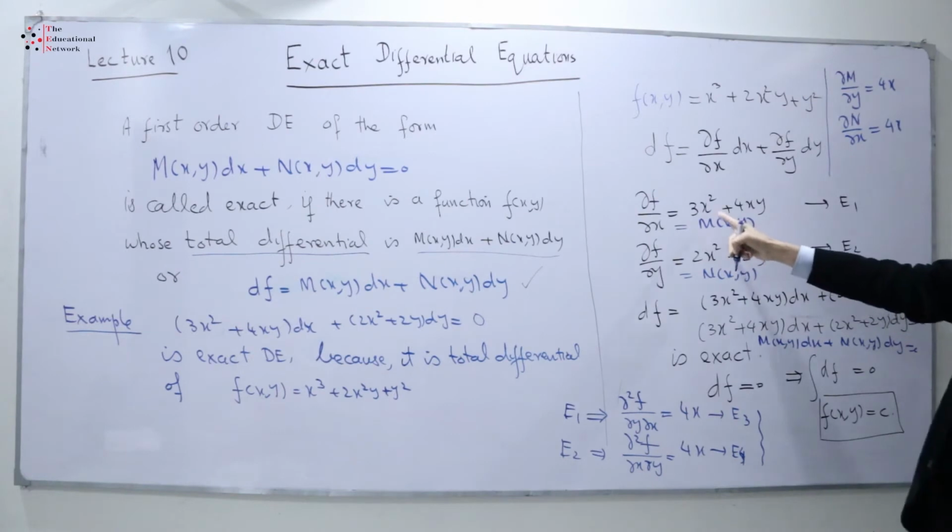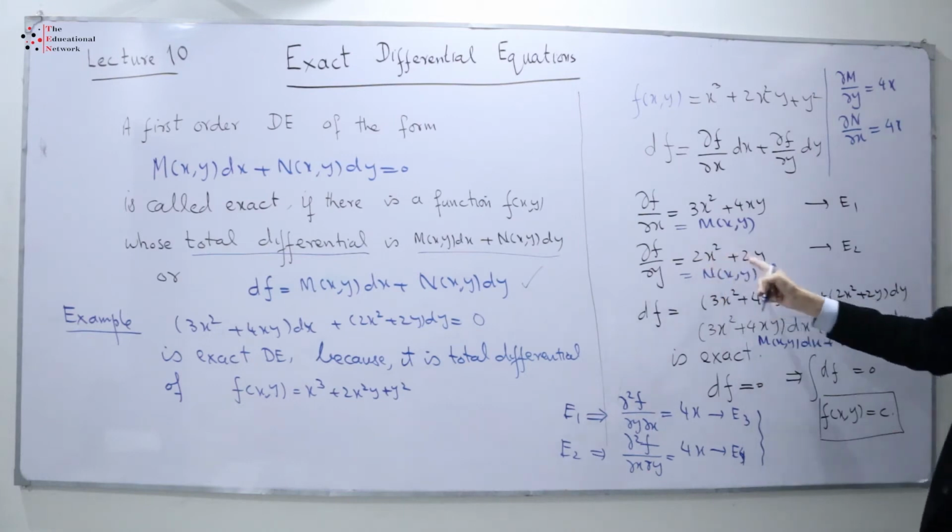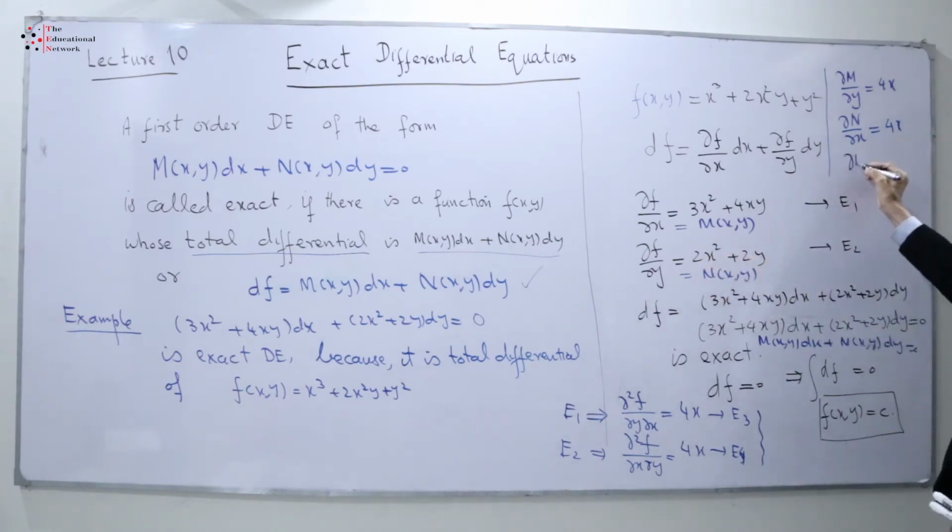Differentiating with respect to y, this will be 0, this is 4x. With respect to x, the derivative is 4x and y. So we have partial M by partial y is equal to partial N by partial x.